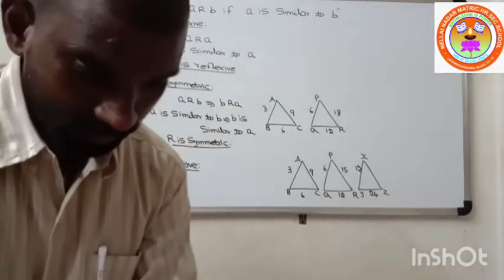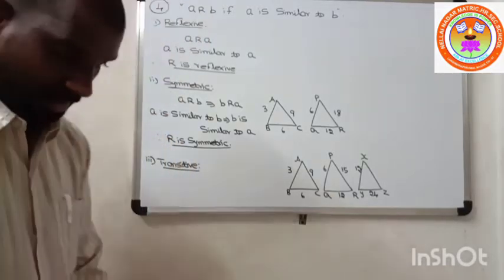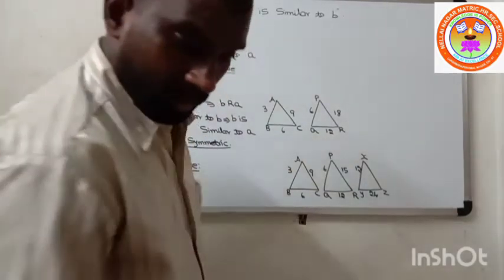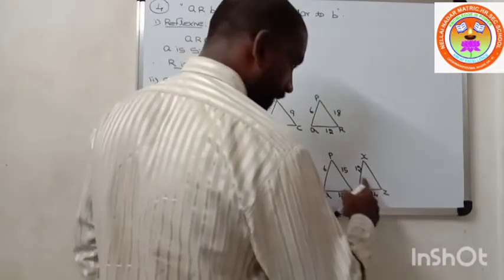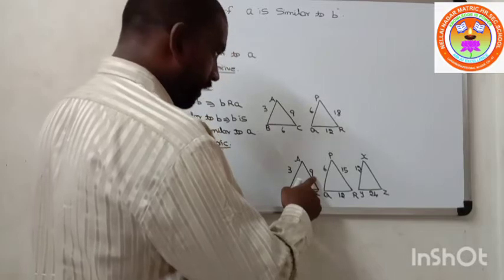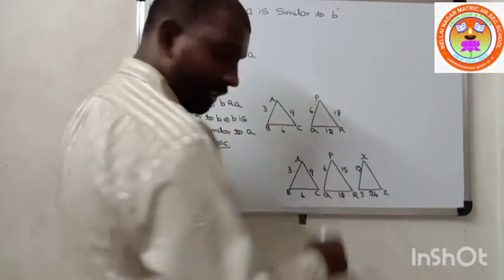Then 9 3s are 9. So 3, 6, 9. 6 by 3, 2. 12 by 6.